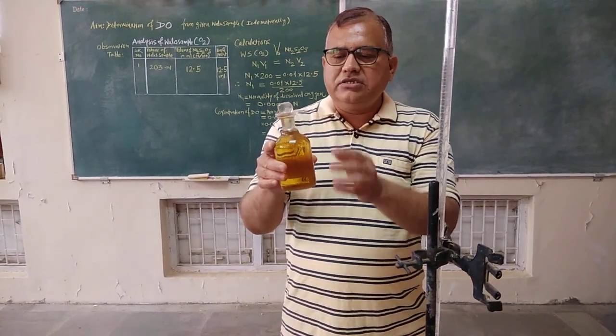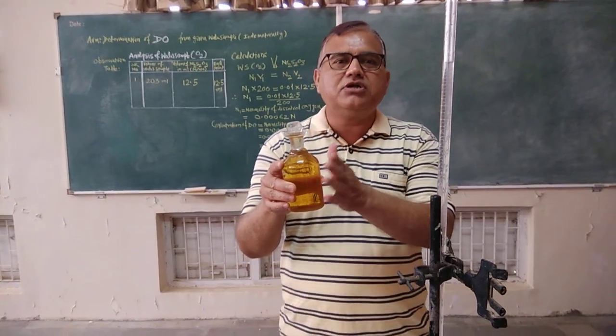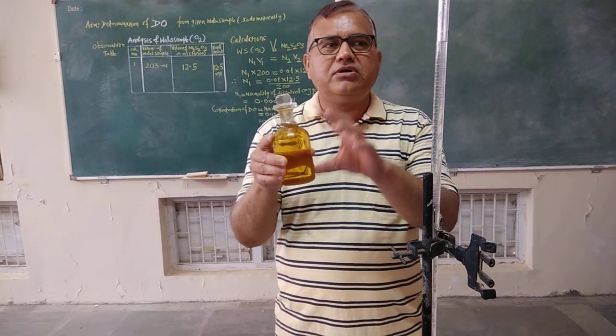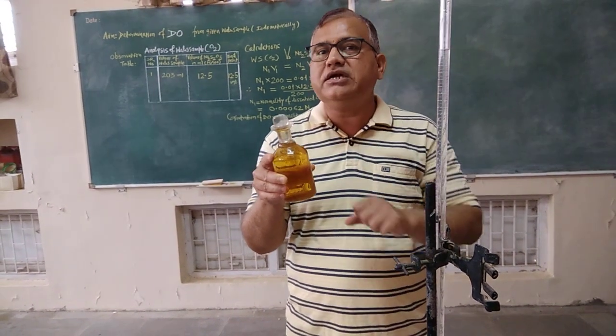But friends, I have already told you that 4 ml of water was displaced during the procedure, and therefore the actual water sample remaining in the bottle is 296 ml.